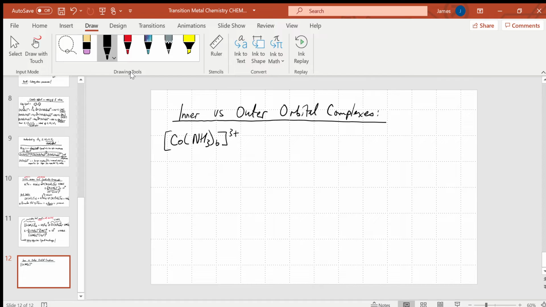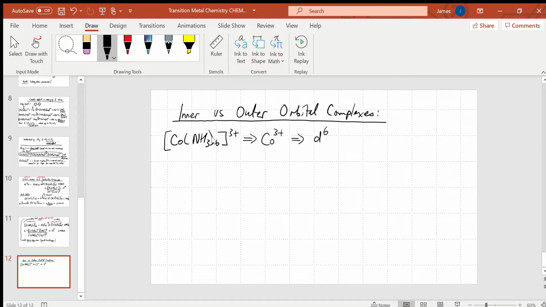Now, we know that ammonia has no charge, so these 6 ammonia don't impart any charge. But we know that there's a 3+ charge overall, so it lies squarely on the cobalt. So we have cobalt 3+, and we know that this is a d6 complex.